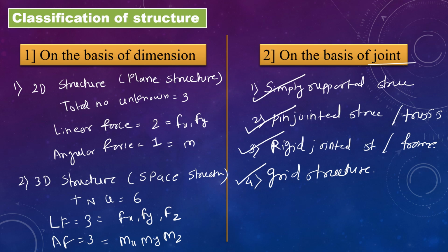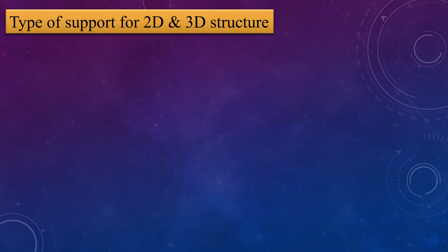Okay, then next point is types of support for 2D and 3D structure. So there are 4 types of supports. First we see it for a 2D structure. For 2D structure, the first support is guided roller support.